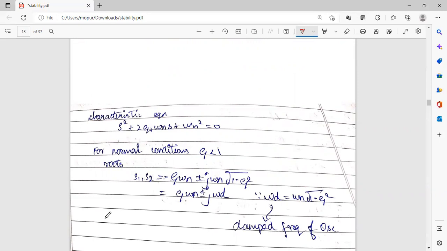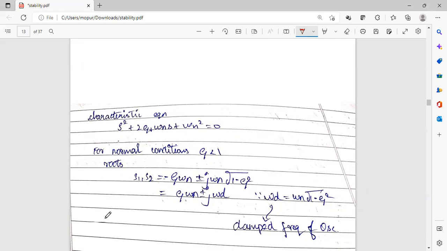And the roots of the characteristic equation will be complex. That is s1, s2 is equal to minus eta omega n plus or minus j omega n into square root of 1 minus eta square. This omega n into square root of 1 minus eta square can be written as omega d, where omega d is the damped frequency of oscillation.